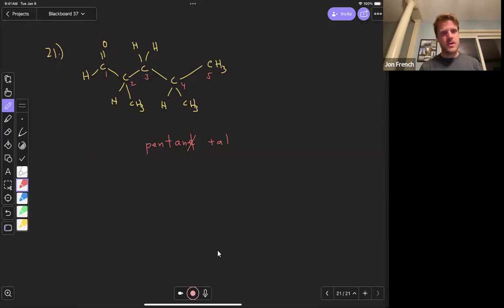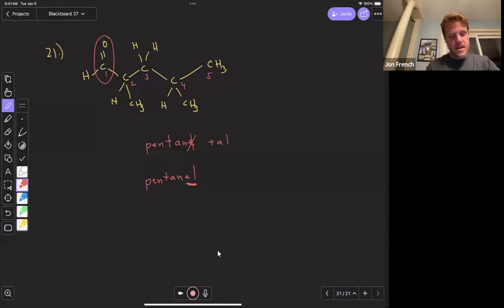We could number it, we don't really have to, but it looks like they don't number it here. So we're good. I've got pentanal. Again, we don't have to number it because an aldehyde's always going to start or end the chain.